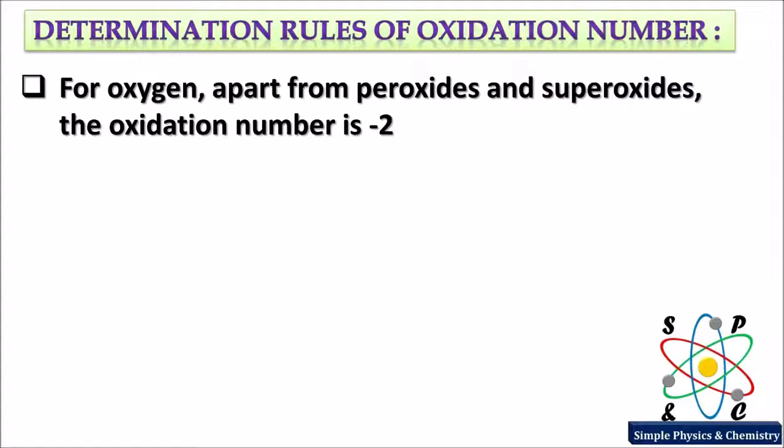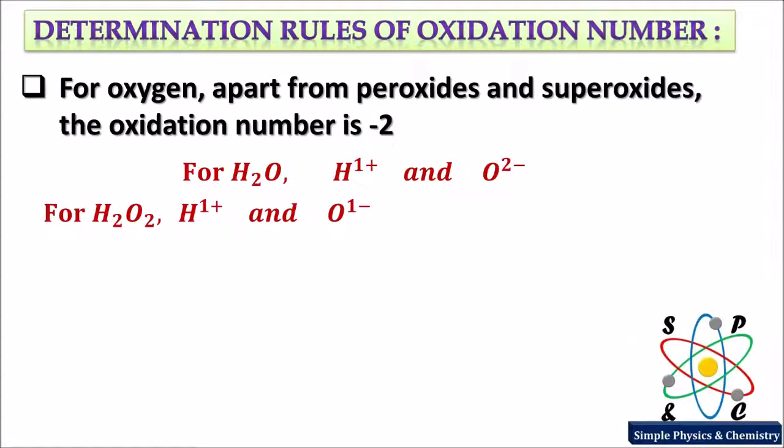Now for oxygen, apart from the peroxides and superoxides, the oxidation number is -2. First the normal case, H2O, water. Here hydrogen is +1 and oxygen is -2. This is the usual case.